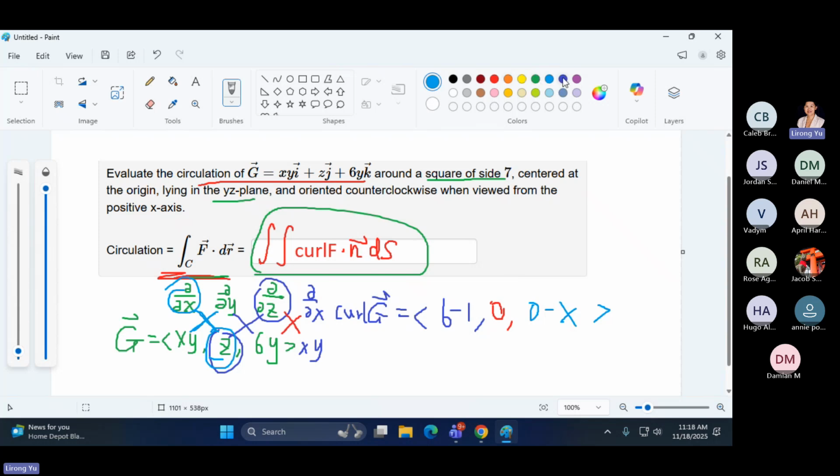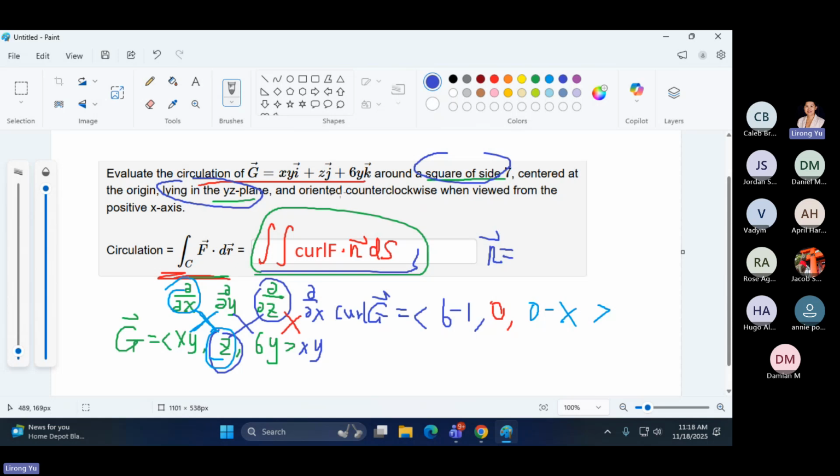So in order to follow what's indicated by the Stokes theorem, we have to calculate the normal vector of the plane. So what exactly is the plane? The circulation is a square of size 7 centered at the origin lying in the YZ plane. So the surface within this edge, within the square, is in the YZ plane.